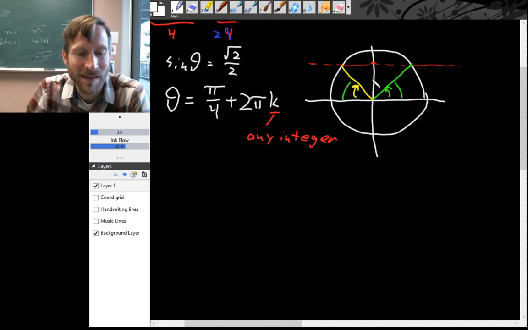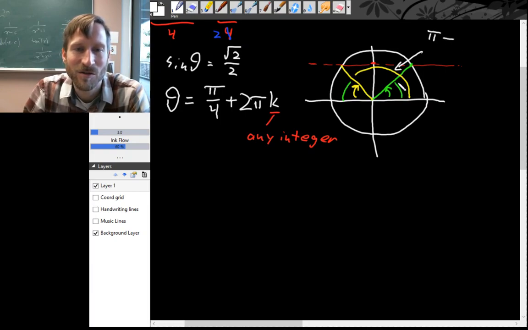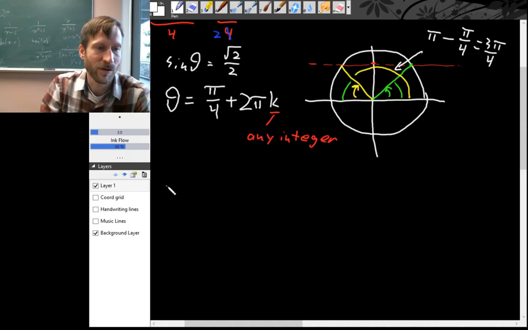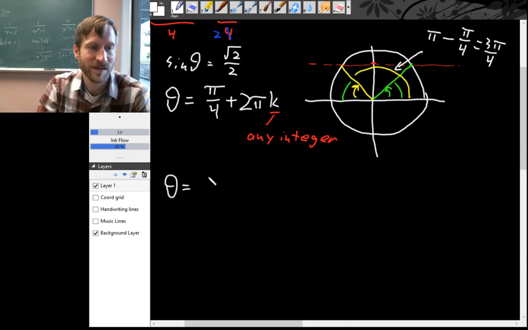And that means that the big yellow arc here is a half turn, which is pi, minus the green angle that we found at first, and that's pi over 4. And so that big yellow angle is 3 pi over 4. Okay, so this solution that we found from symmetry, it's 3 pi over 4.